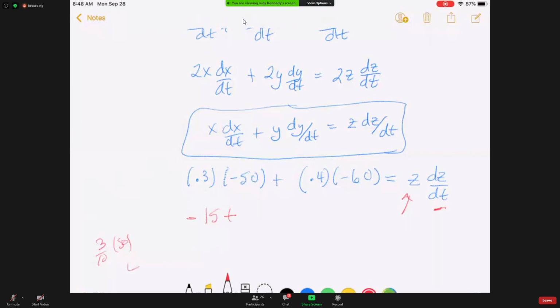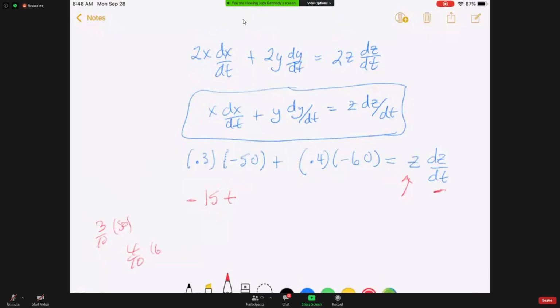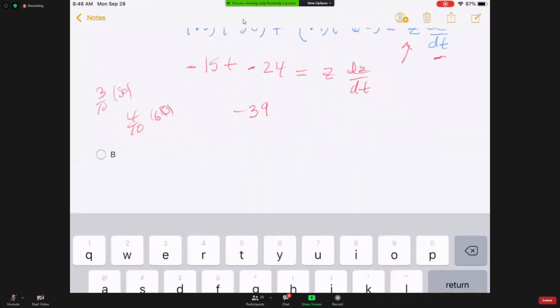And 0.4 times 60 is 24. So that's minus 39. Okay.